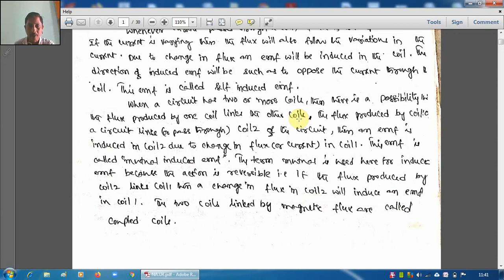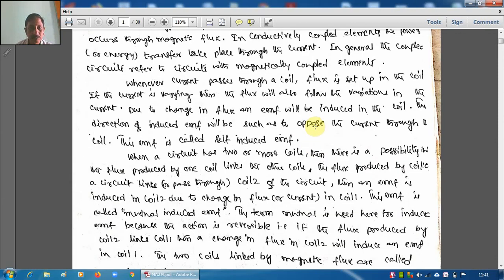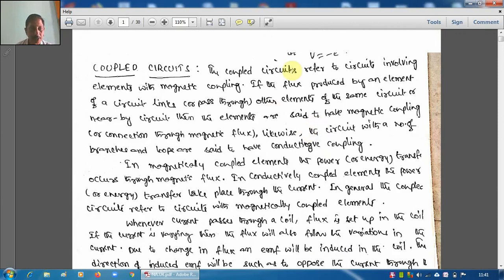It is by means of the magnetic flux. So power is transferred from the first coil to the second coil through the magnetic flux. That is what I said in the first paragraph about power transfer.